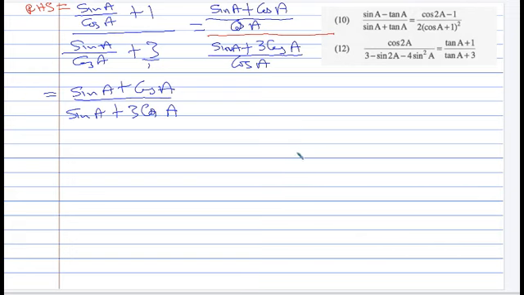So this is our right hand side. There is nothing else that we can do here. My right hand side is equal to sin A plus cos A all over sin A plus 3 cos A.